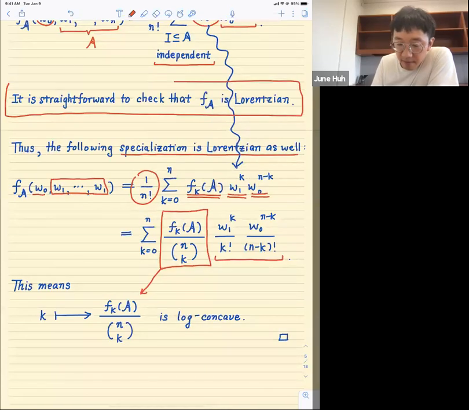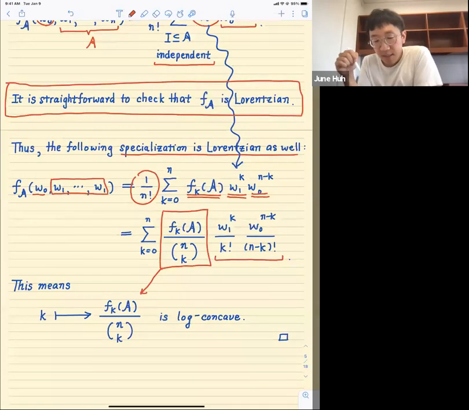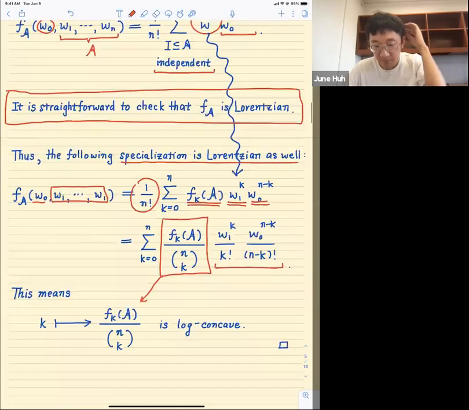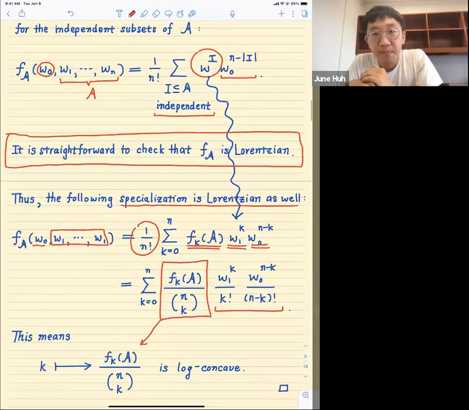It is very easy, either for computers or for us humans in specific contexts, to check whether a given polynomial is Lorentzian or not. This is a miracle, as I'll try to suggest. All good so far?